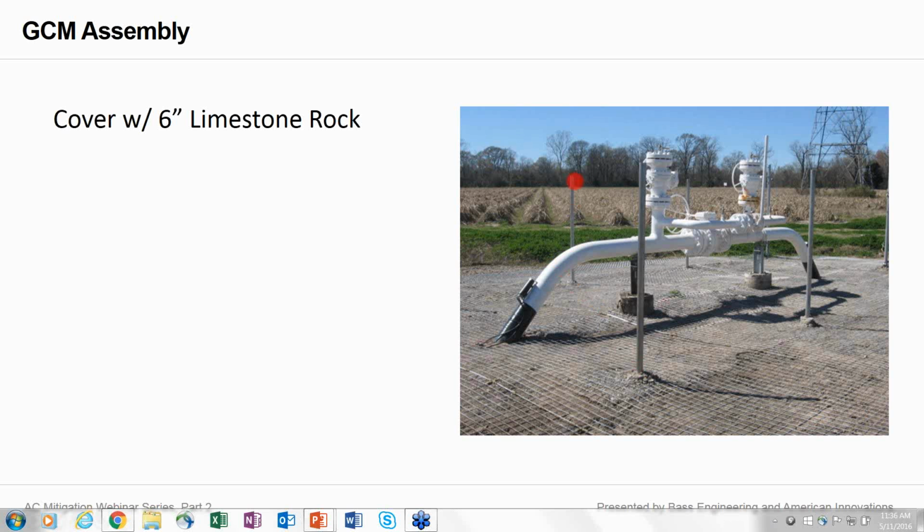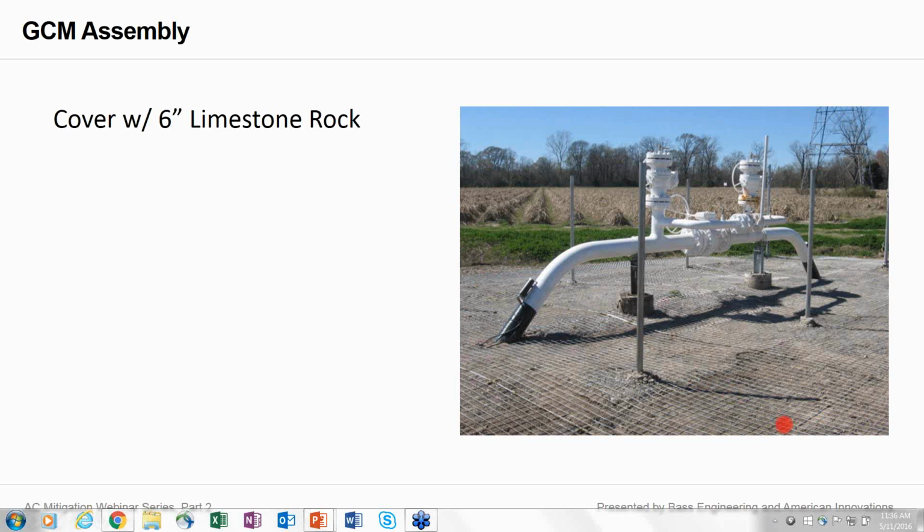So if you can see that we've taken the security fence fabric down, that enables us to lay the mat all the way across and extend past that perimeter.